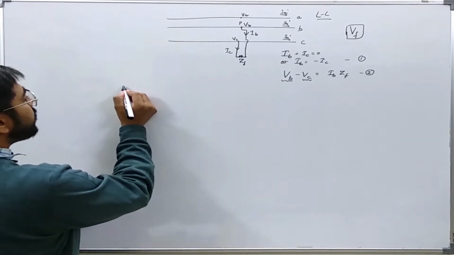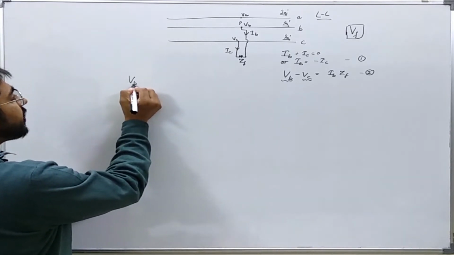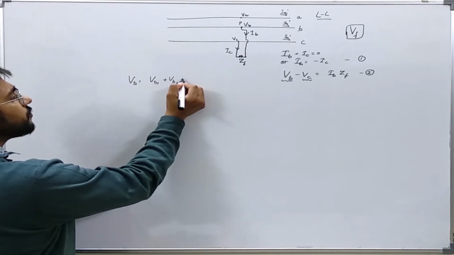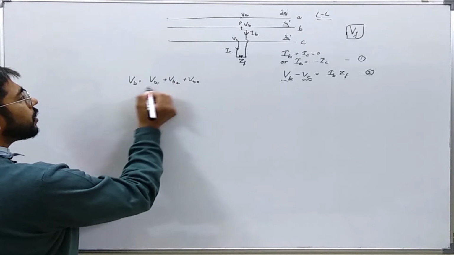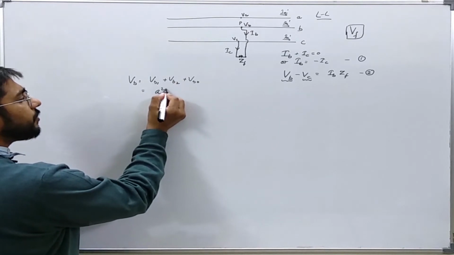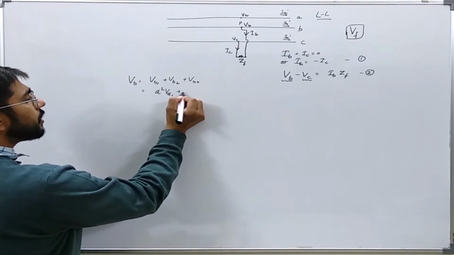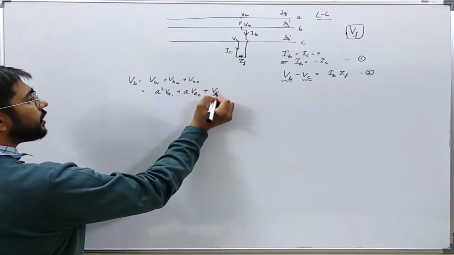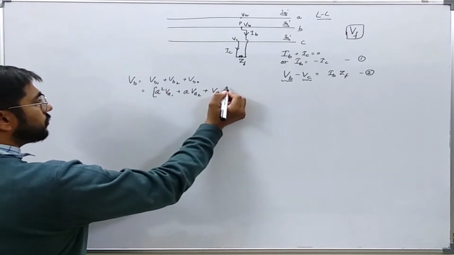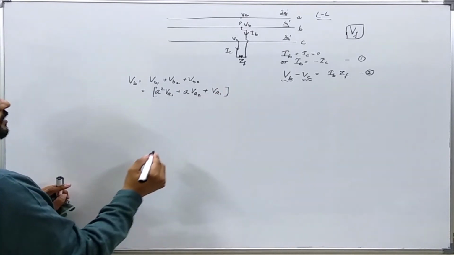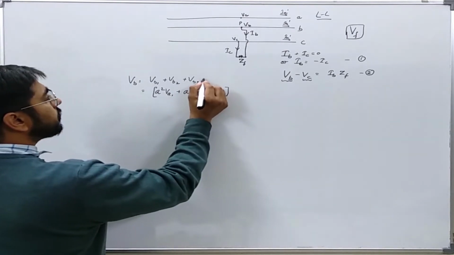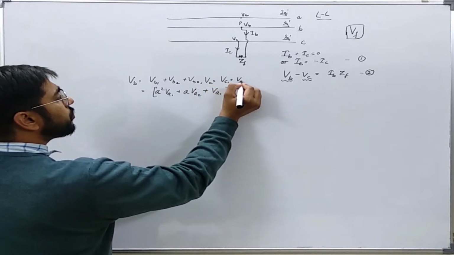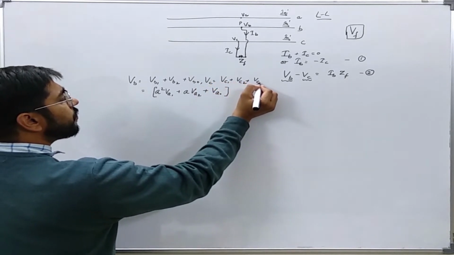So VB can be written as VB1 plus VB2 plus VB0, or A square VA1, A VA2 and VA0. Similarly, VC can be written as VC1 plus VC2 plus VC0.